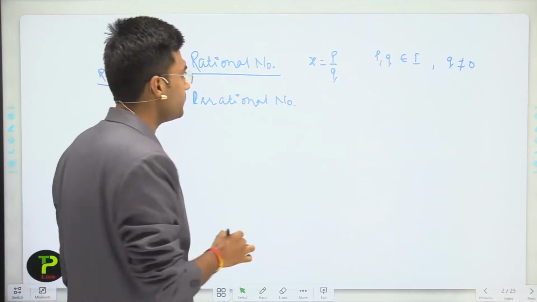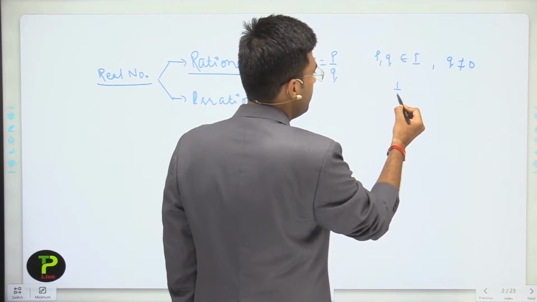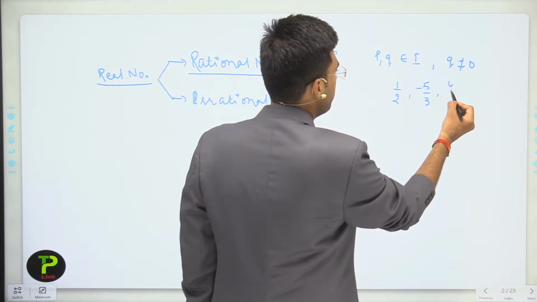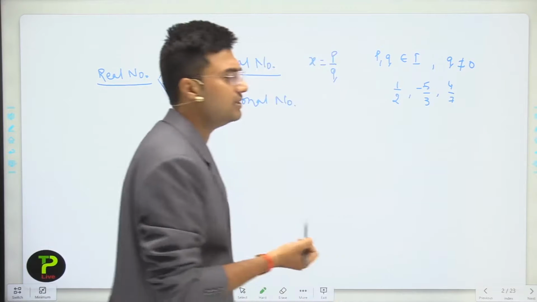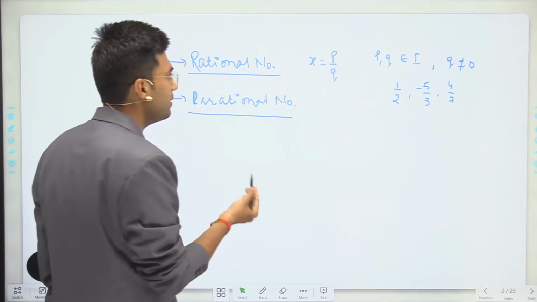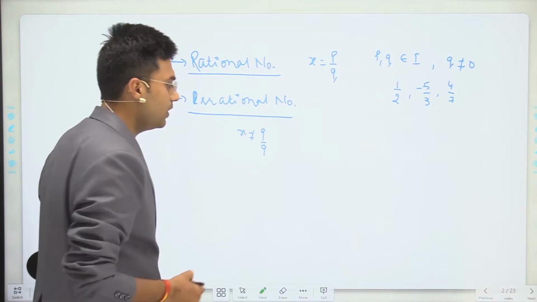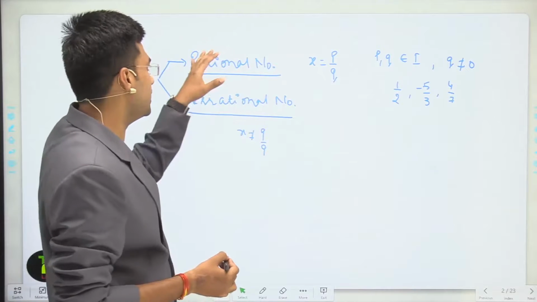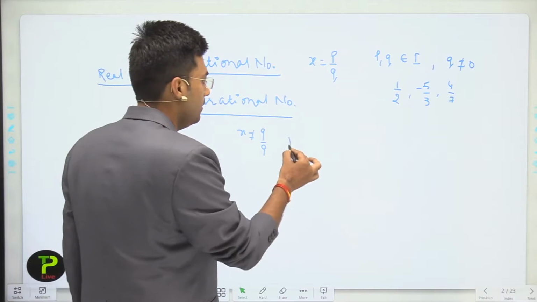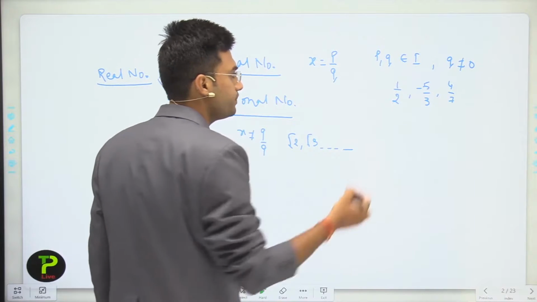Now for example, 1 upon 2, minus 5 by 3, 4 by 7, these are rational numbers we already studied in last class. And irrational numbers are numbers which cannot be represented in the p by q form, or we can say that numbers which are not rational numbers are irrational numbers. For example, root 2, root 3 and so on.